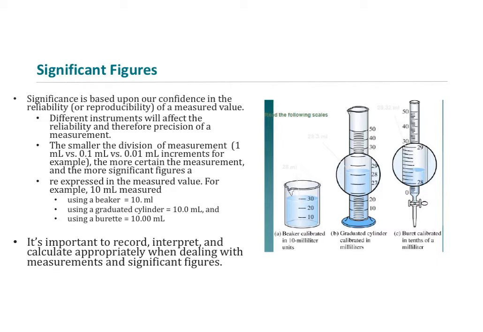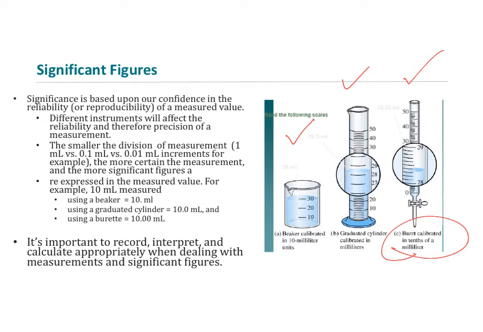Alrighty, so as I said, the degree of precision or certainty in a measurement depends on the equipment you use. If somebody said go measure out 10 milliliters of water and they wanted it precisely measured, which one of these pieces of equipment would you think would give you a more reliable measurement? Hopefully you would pick the burette.